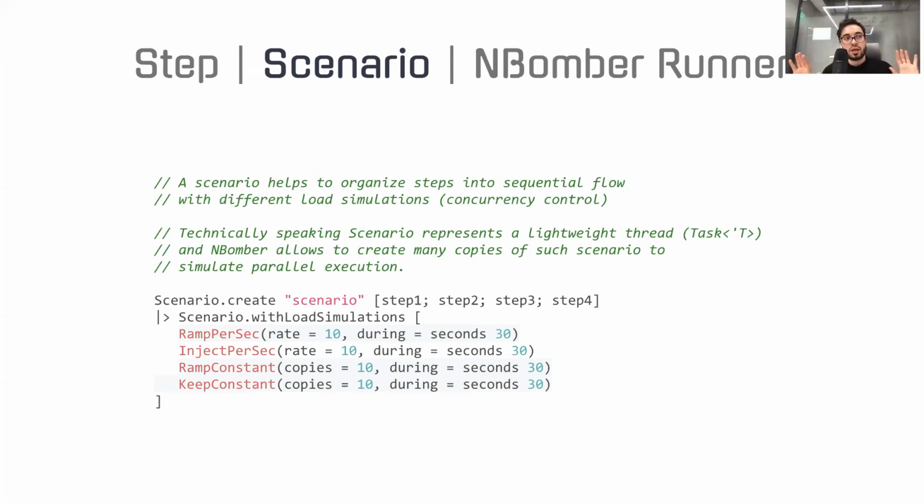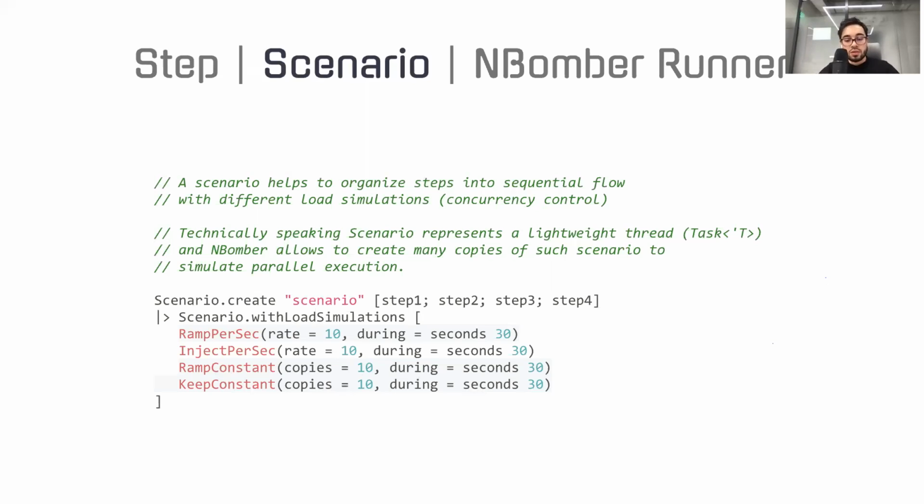So basically every user is sending requests, and then it's modeled as a rate. You're saying rate, but there are load simulations like constant that allow you to say I have just 10 copies and that's it. These 10 copies are working and they are waiting on each other.